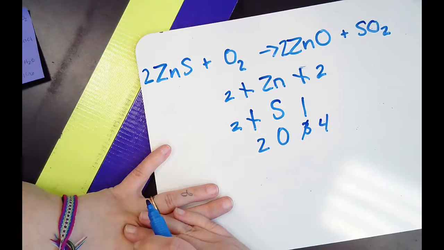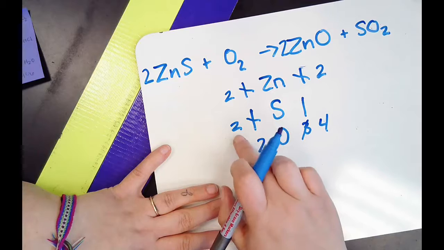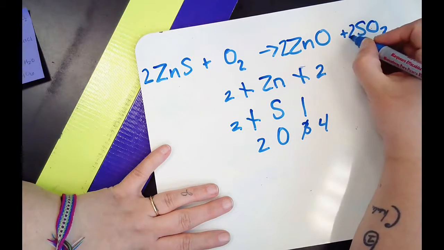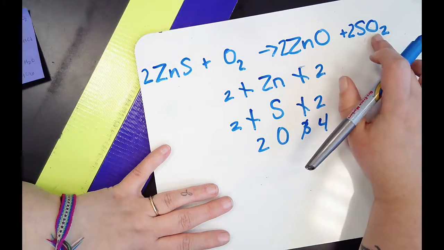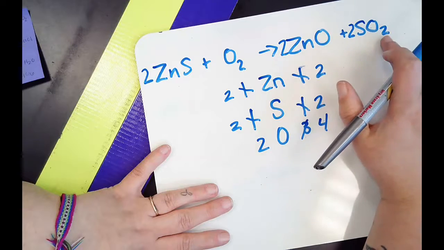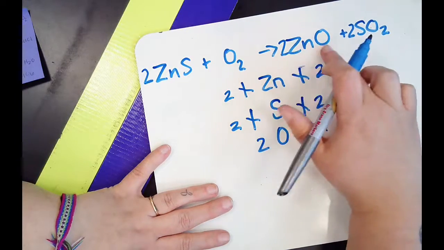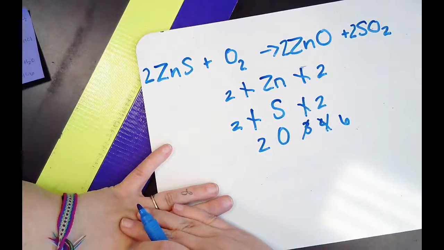Okay. Next, I'm going to balance my sulfurs. With sulfur, I have 2 on this side and 1 on that side. So I'm going to put a 2 over here so that I get 2 on this side. But that also applies to my oxygen. So now I have 2 times 2, which is 4, plus these 2 oxygens. So that's going to give me 6 oxygens. Okay?